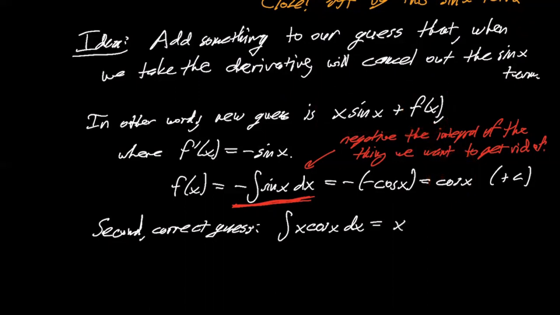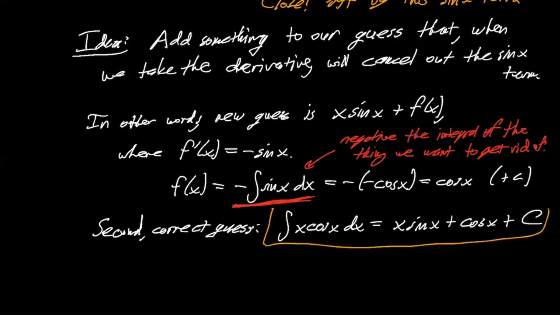So x sine x plus cosine x plus c. Okay, so that's kind of nice. We figured out a formula, or we figured out a way to anti-differentiate this by fixing our guess.